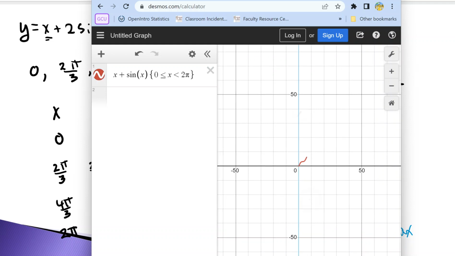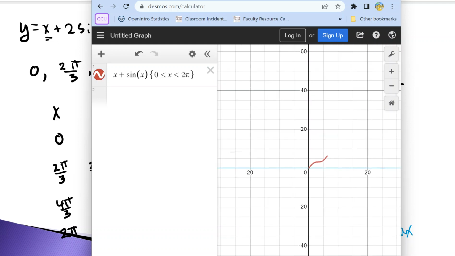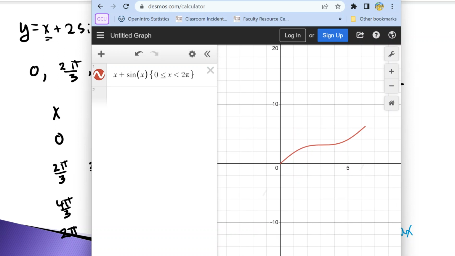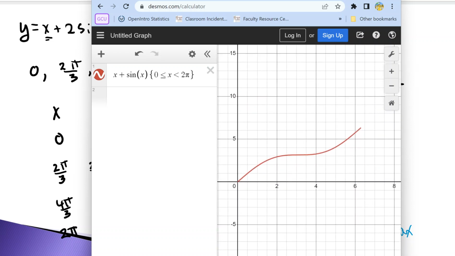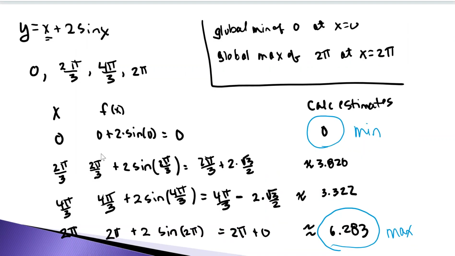Ah, that's better. So there's a picture of my graph, and we can see the lowest point is at 0, 0. There's the highest point at 6.28. It looks like I've got a maximum here somewhere, and a minimum here somewhere. Those are the two critical values that I found, the 2 pi over 3 and the 4 pi over 3.